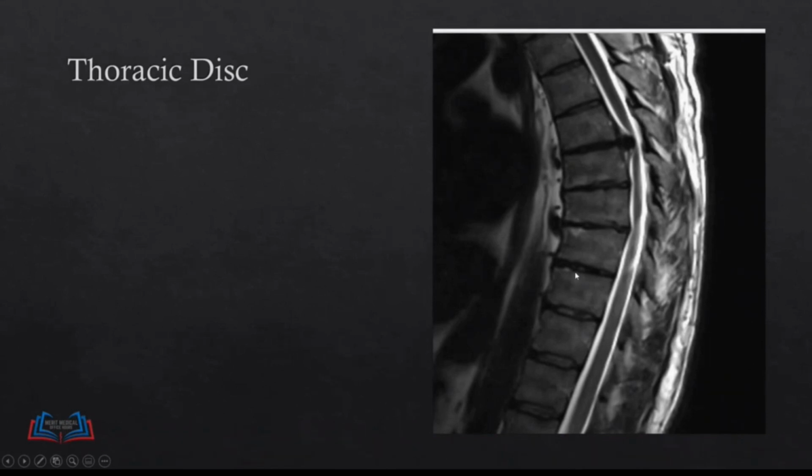A Schmorl's node is an indentation of the disc into the top part or bottom part of a vertebral body. And that's because sometimes these little areas along the end plate are weaker, and a little kind of bow of disc will go up into the end plate.